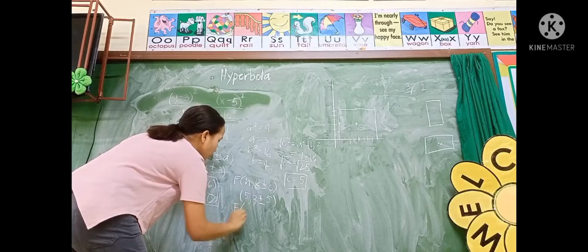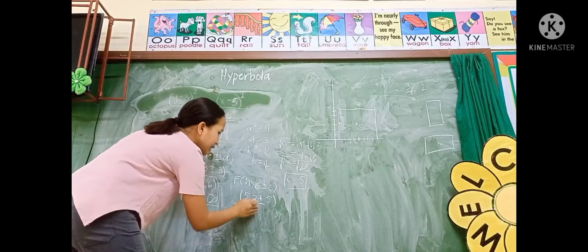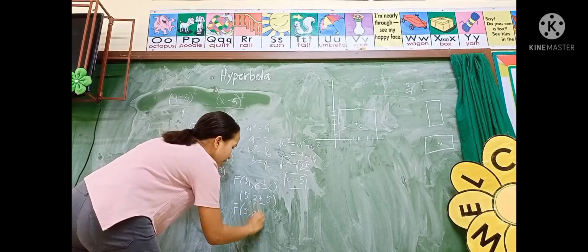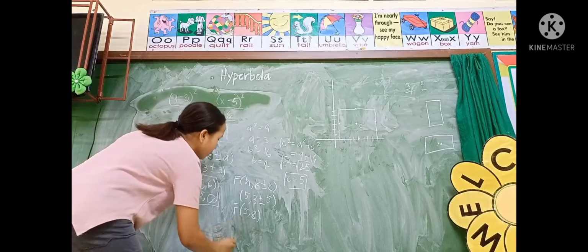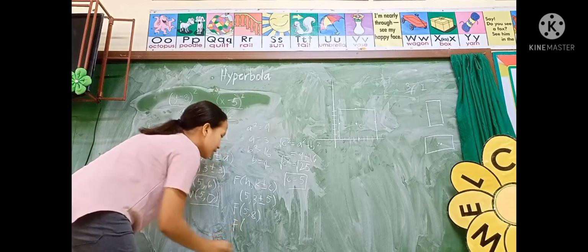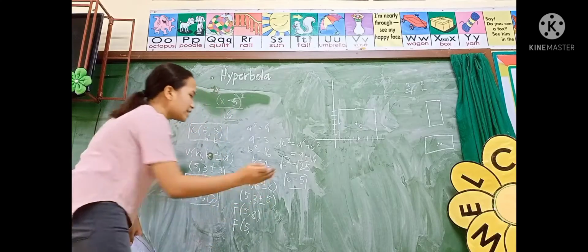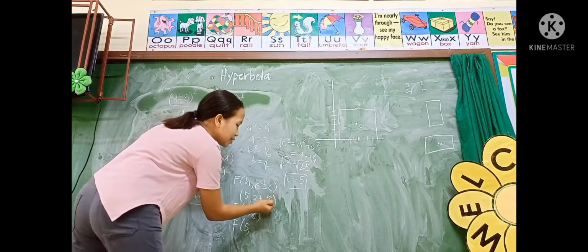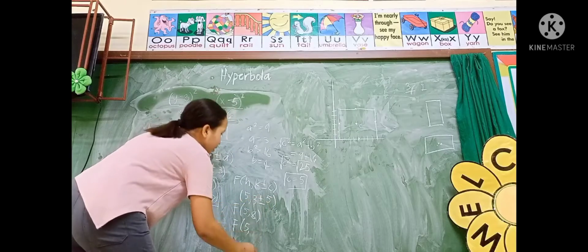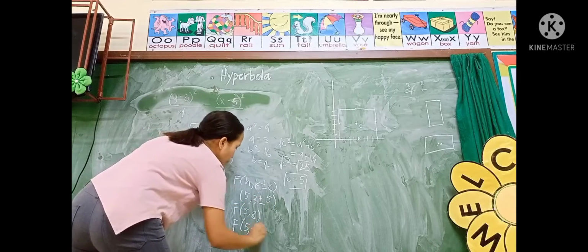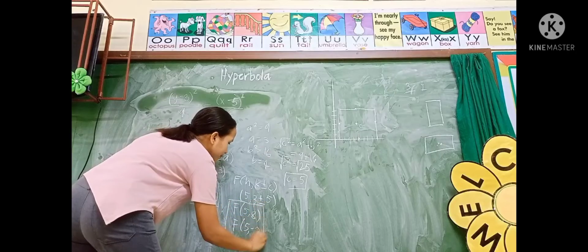So our first focus is 5, and then 3 plus 5 is equal to 8. So we have now the first focus, and then the other one. So, copy 5, and then 3 minus 5, minus natin siya, and then copy the larger absolute value. So, negative 2. So, we have now our foci.